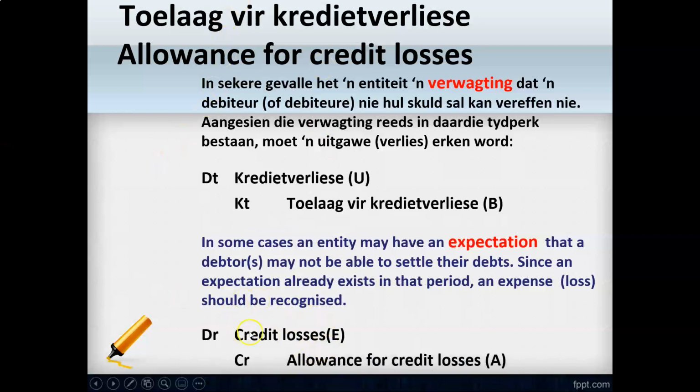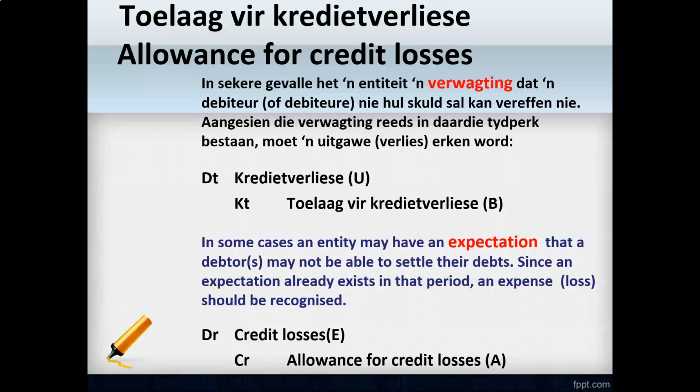I will debit an expense account, credit losses, an expense. I'm going to create an allowance for credit losses, a negative asset account. Why a negative asset? What does this allowance for credit losses effectively do? It reduces my outstanding debtors amount. So what is debtors? It is an asset. So this is a negative asset. It's not a liability. I don't owe any person any money.